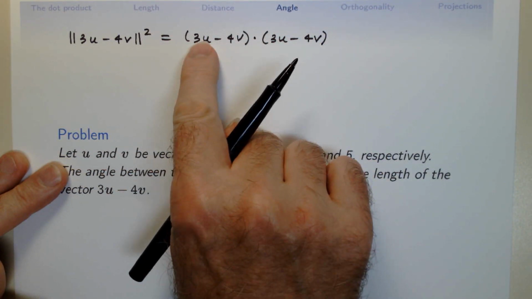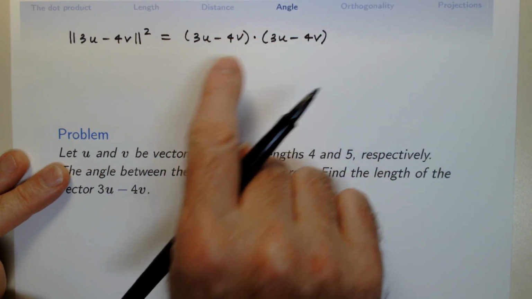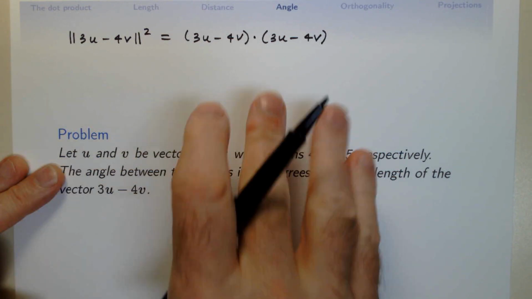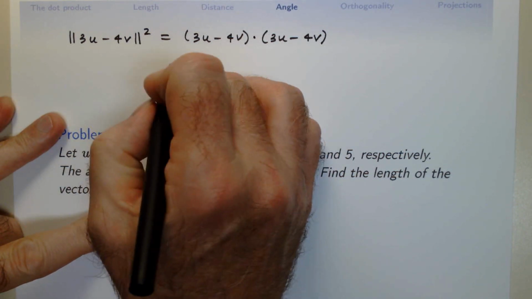Now, what we can do is work out this dot product, use the distributive laws to get this dot product expressed in terms of things like u dot u, v dot v, and u dot v. So let's work out this dot product.